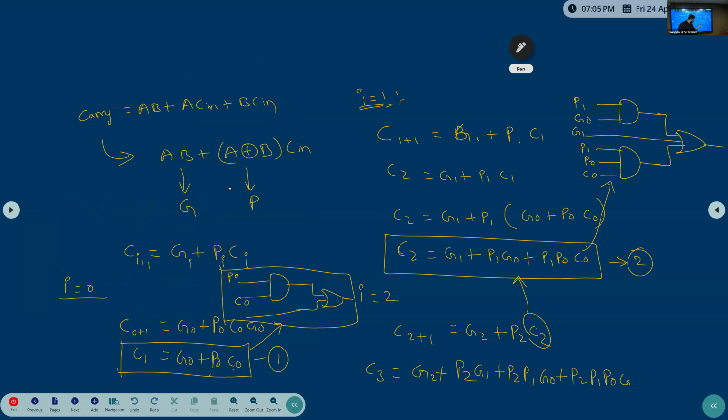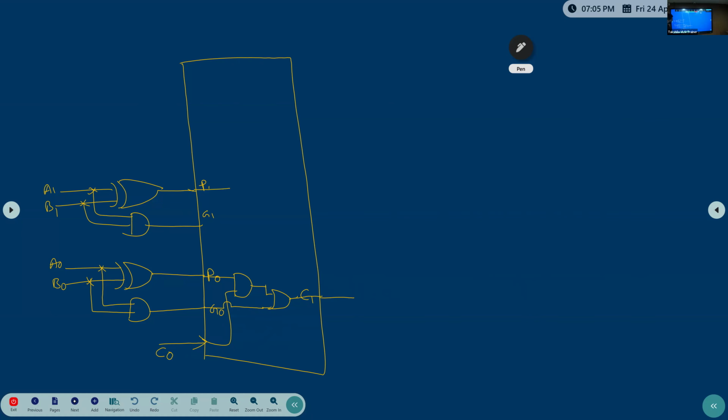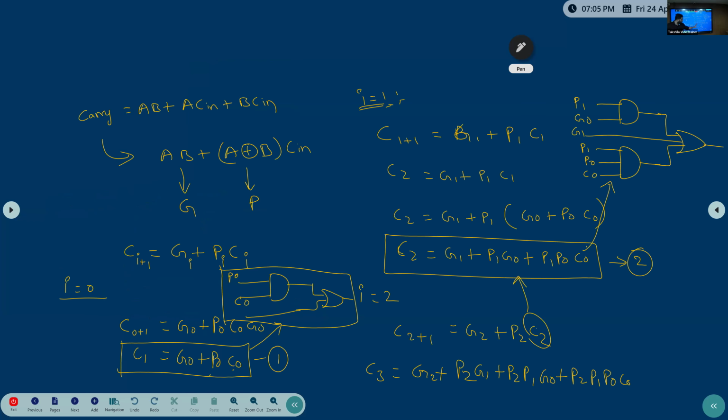G1 plus P1 G0 plus P1 P0 C0. Yes or no? So P1 G0, P1, this one only, right? P1, G0. So I am connecting like this. P1 G0, P1 P0 C0.